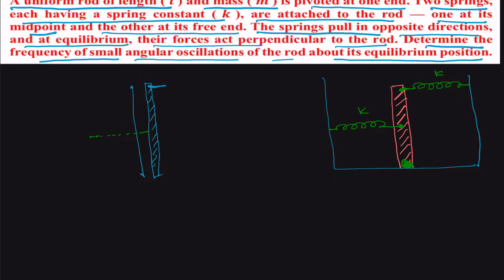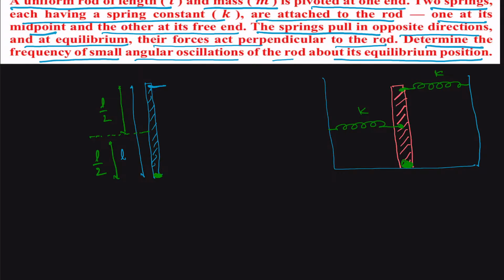So this length will be L by 2 from the top side as well as from the bottom side, and the pivot point is just at the end.